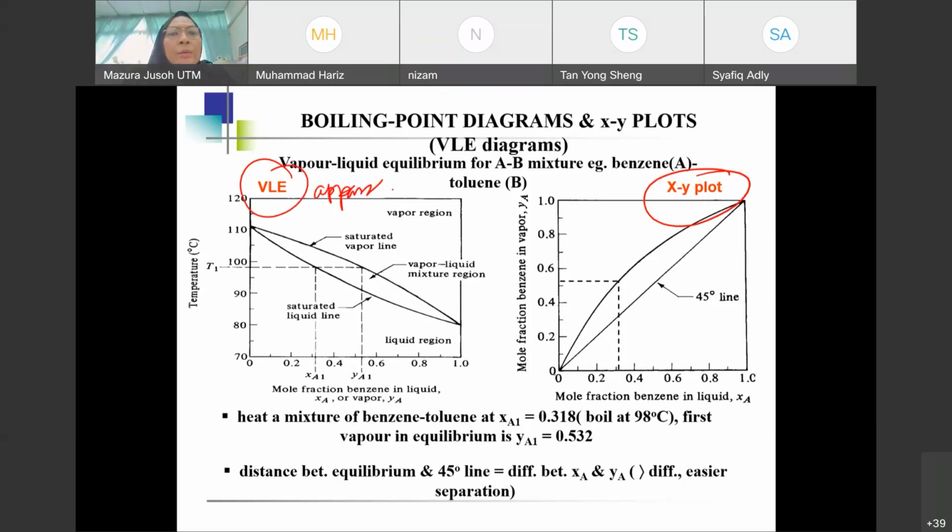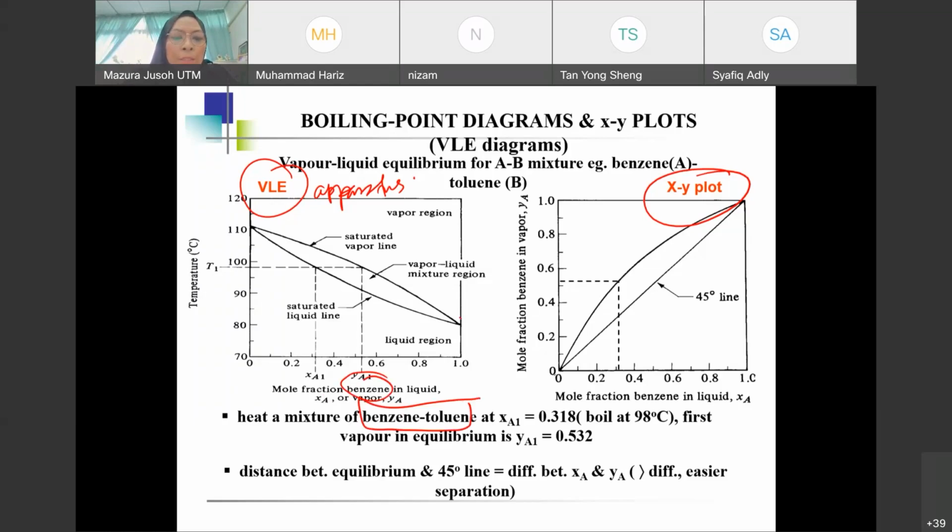You will be using the VLE apparatus in our separation processes 1 laboratory. You'll be doing a lot of experiments to actually produce your own VLE for methanol water mixture. Okay, so this is for benzene and toluene, I think. Okay, benzene toluene mixture.